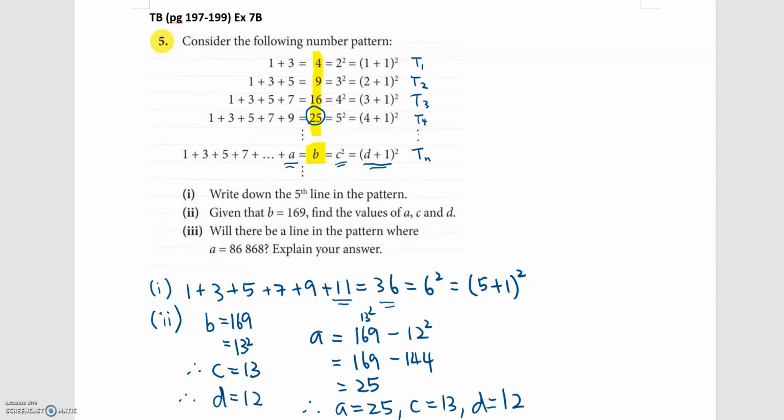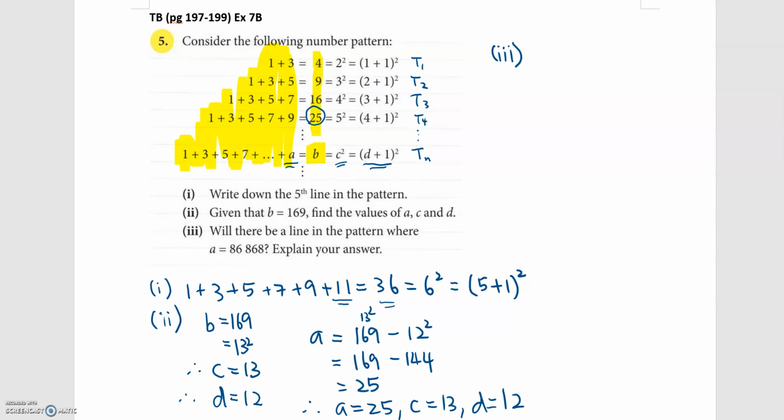Now for part 3, it might look a little bit intimidating because the number is very big. But we will have to stay calm and let's take a look at the pattern that we have. For the first part of the pattern that we have, we see that we are adding consecutive odd numbers.